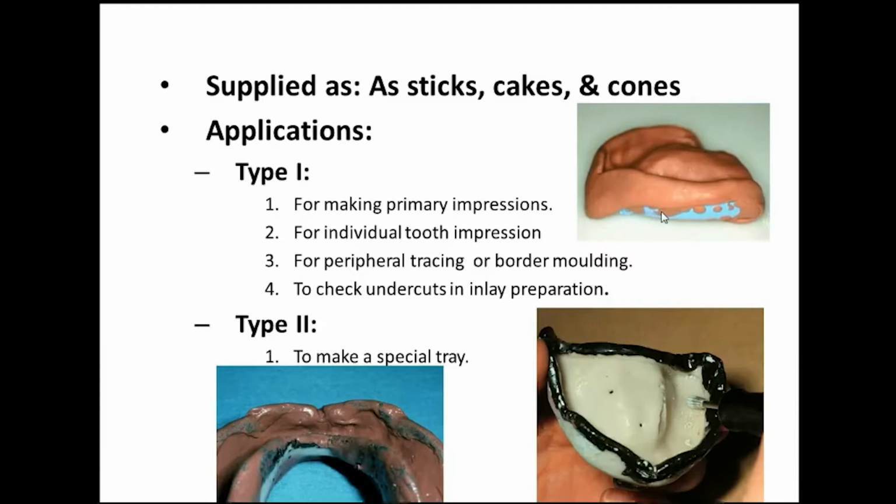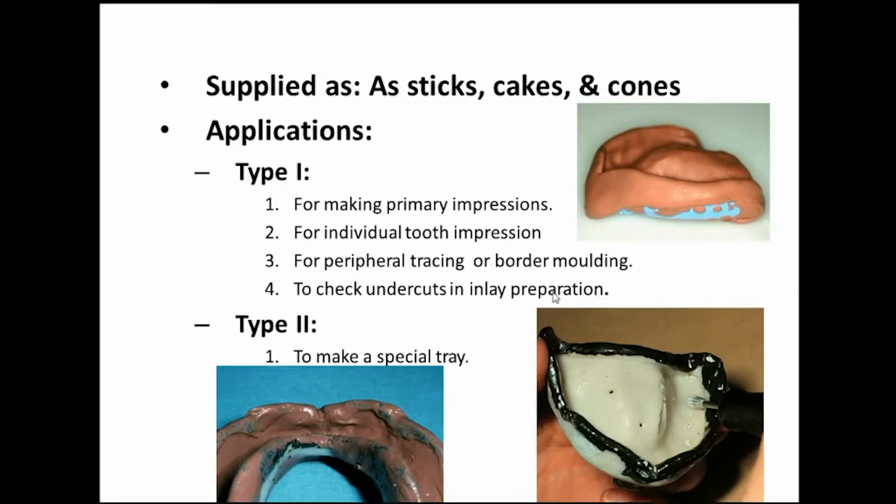Number 2, for single tooth preparation impression. Number 3, for peripheral border molding. This is the green stick compound. This is the peripheral border molding. Number 4, to check undercut in inlay preparation.